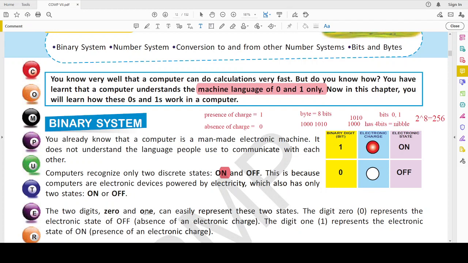The digit 0 represents the electronic state of off, absence of an electronic charge. The digit 1 represents the electronic state of on, presence of an electronic charge.